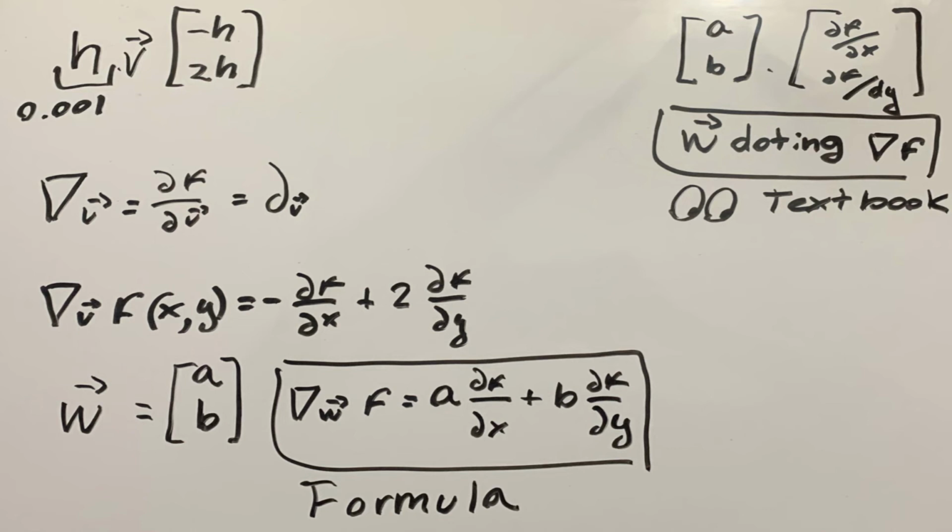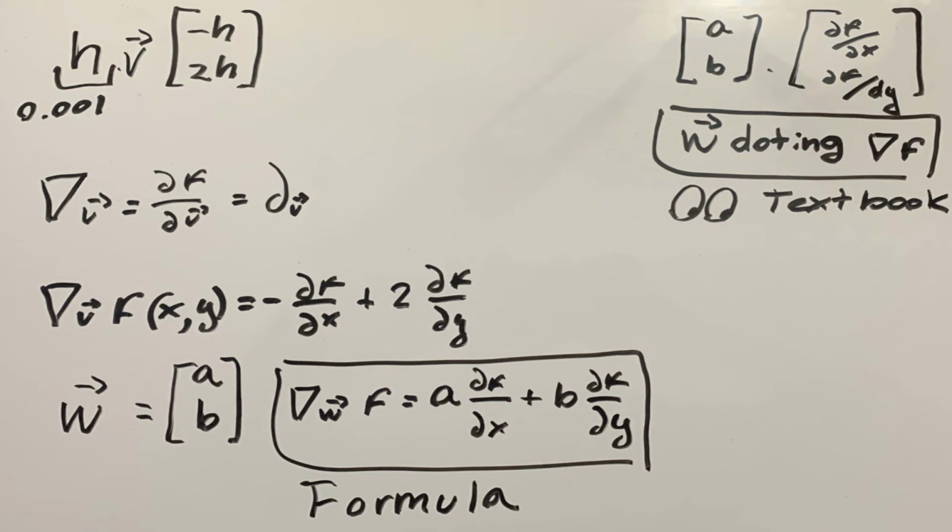Again, I will use the little triangle, our gradient, to put the gradient of the function equal to the negative partial derivative of f over partial derivative of x, plus 2 partial derivative of f over partial derivative of y. That will be our setup.